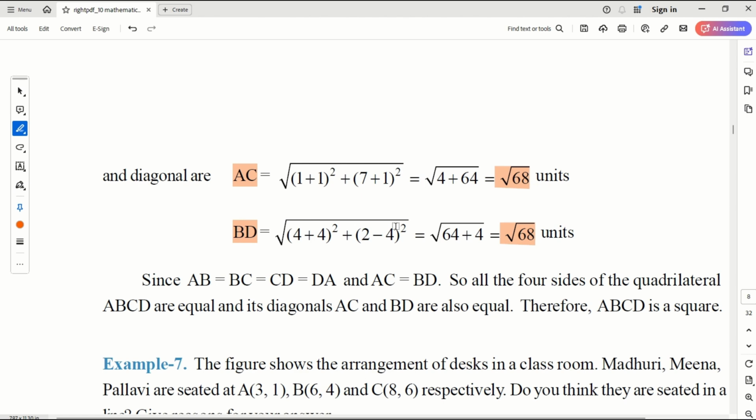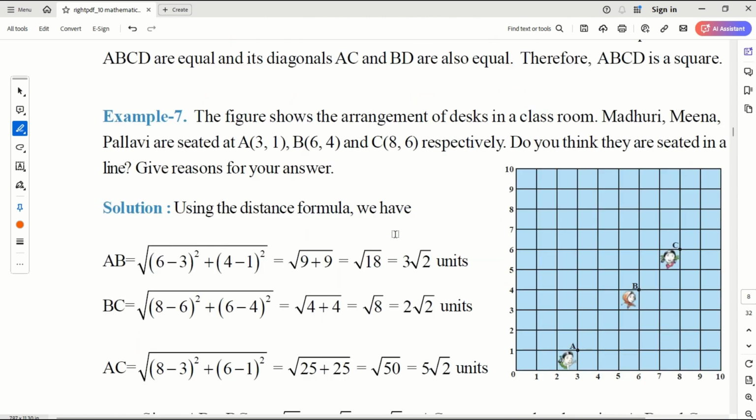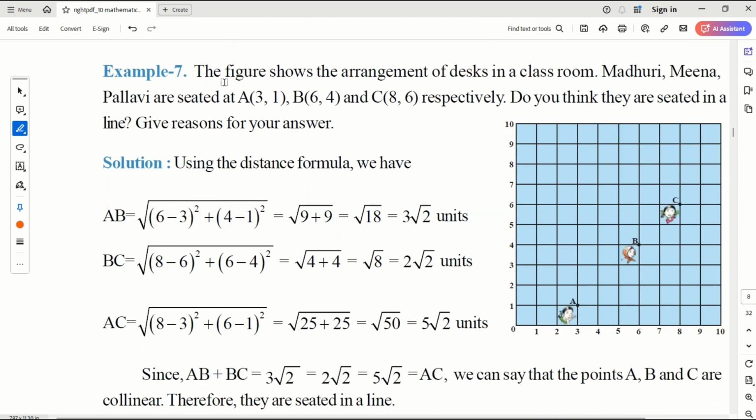Okay, next type of problem: the figure shows an arrangement of desks in a classroom. Madhuri, Meena, and Pallavi are seated at points A, B, C given here. Do you think they are seated in a line? This is nothing but collinear, again a question of collinear.